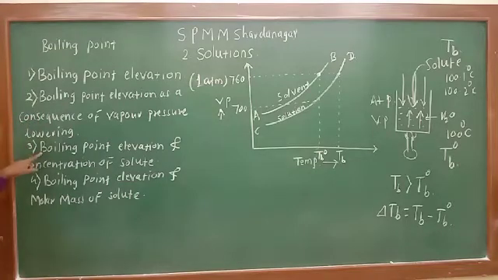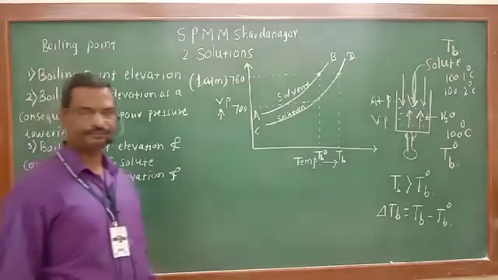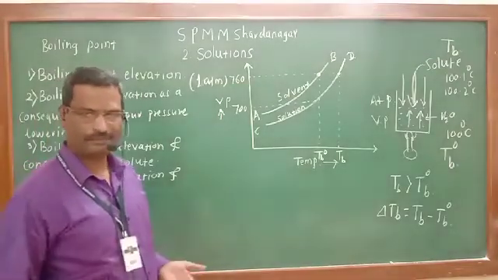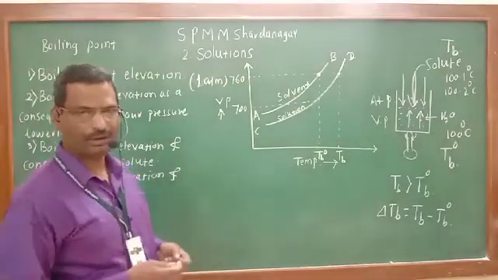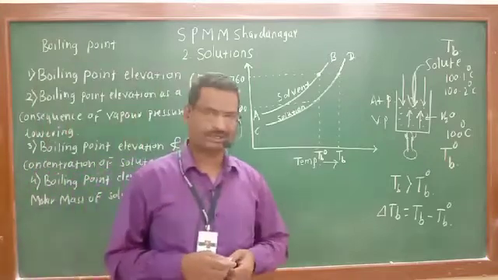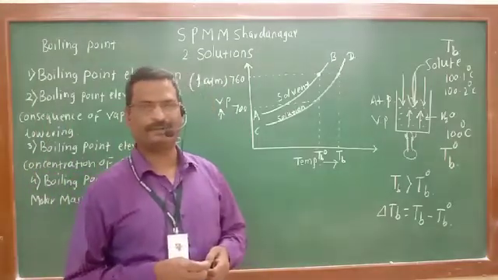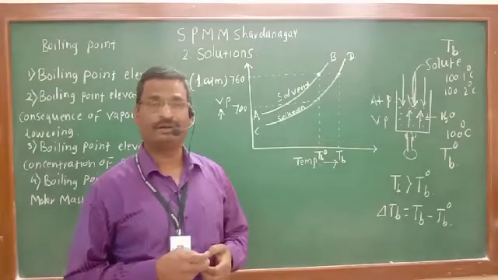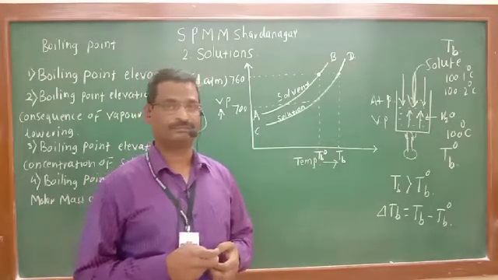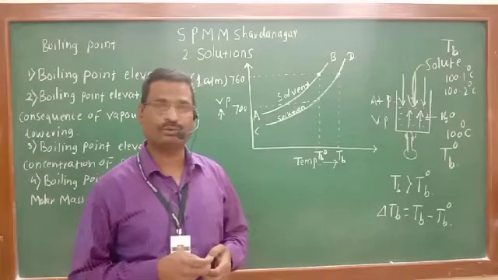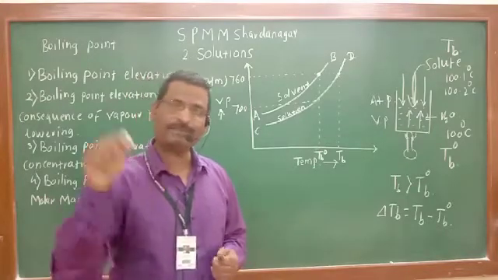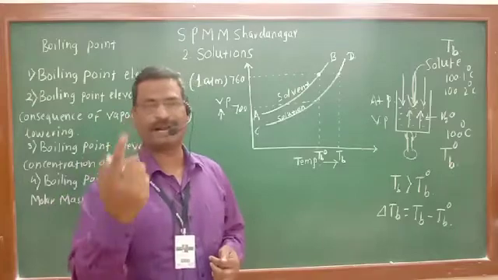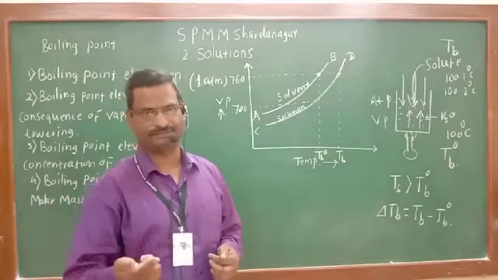Now the next point is boiling point elevation and concentration of solute. We know the Raoult law. According to Raoult law, we have studied, vapor pressure of a component in the mixture is equal to its vapor pressure in the pure state multiplied by its mole fraction.